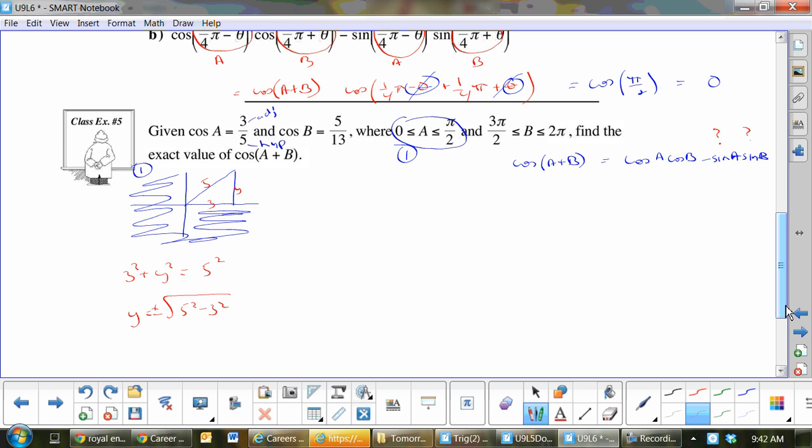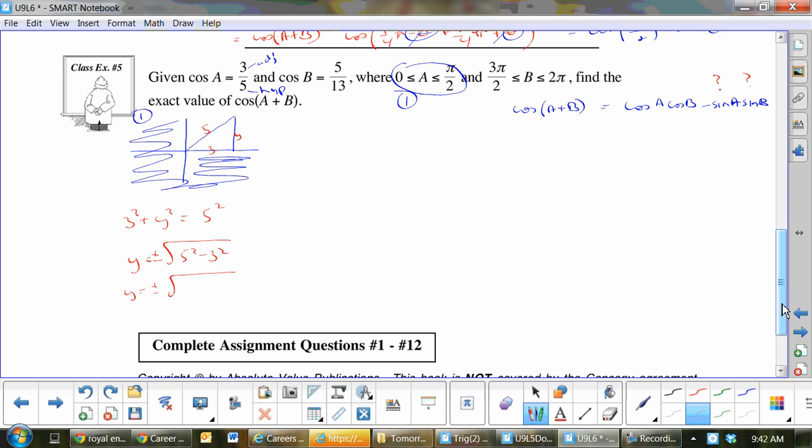Okay, so y equals plus or minus the square root of 5 squared, which is 25. 25 minus 9 is 16. So y will equal plus or minus 4. I'm going to conclude that it is plus 4 because of the quadrant it is in.